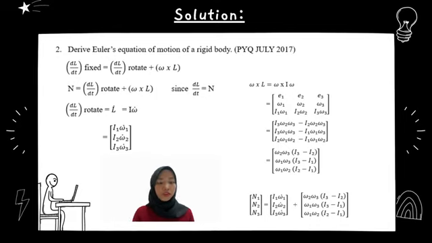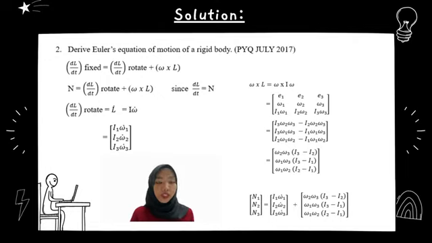For the second row is I3 omega 1 omega 3 minus I1 omega 1 omega 3, and the third row is I2 omega 1 omega 2 minus I1 omega 1 omega 2. Then we factorize it. Lastly, we substitute back into our first equation, which is N is equal to dL over dt rotational plus omega cross L.